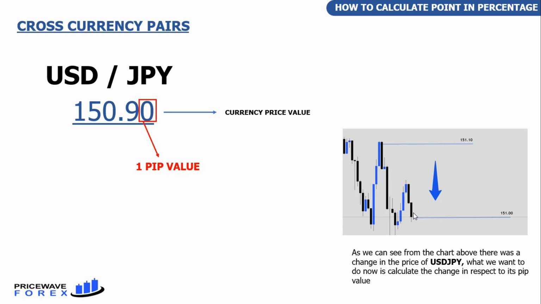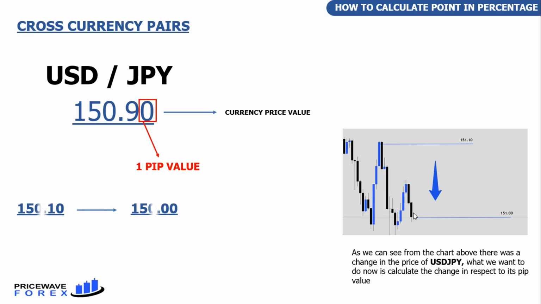So if I as a trader want to calculate my profit and loss, I will not use the currency value but the pip value itself. This is what makes the pip value very, very important. So as a trader, it is best for you to know how to calculate your points, as this is what you will use in your risk to reward ratio.